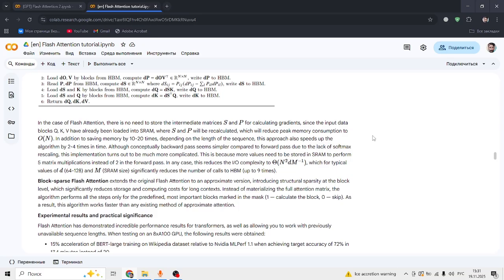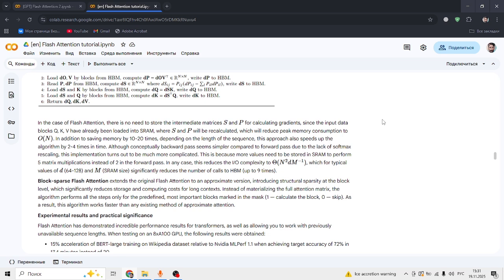Instead of this, these matrices can be recalculated, and this way lets us reduce peak memory consumption to O(N). And in addition, this way lets us save memory 10 or 20 times depending on the sequence length. It also speeds up the algorithm maybe between 2 and 4 times.